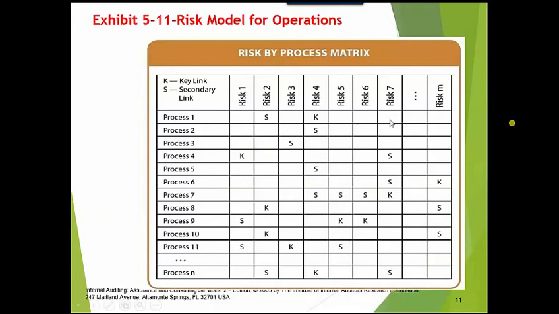The thing that we want to think about, and I had mentioned this earlier, is that we're going to look at things from a key risk perspective and from a secondary risk perspective. A key risk is something very specific in terms of the event, and secondary risks could be of a secondary nature to what's taking place.